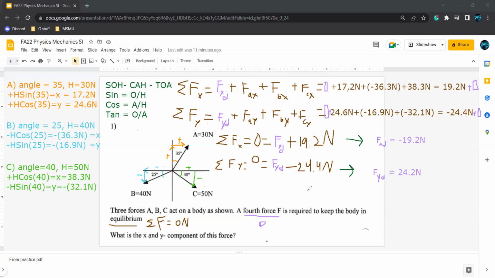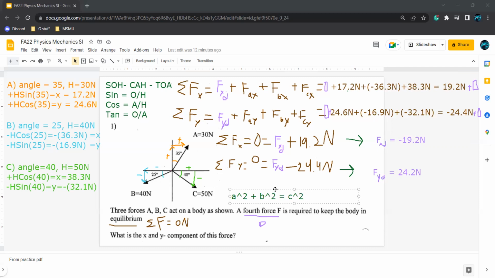So then we're going to find the resultant vector using those two. And we're going to remember our Pythagorean theorem. A squared plus B squared is equal to C squared.